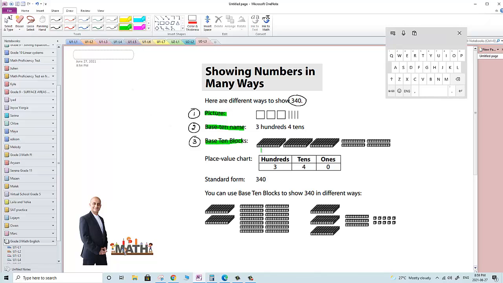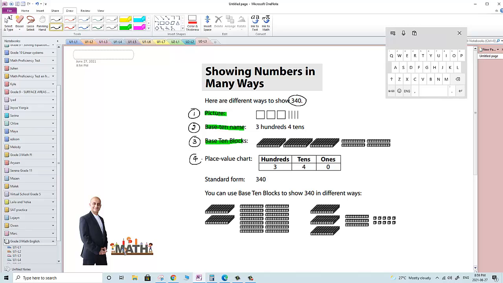Base 10 blocks. And you know that from the previous lesson, I have the big square, 100 units, and the stick, it's for 10. So I have 3 blocks, that means 300, and I have 4 sticks, that means 40, because each one is 10. Perfect.